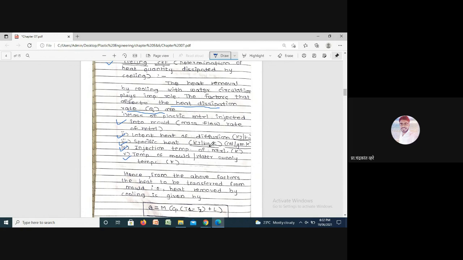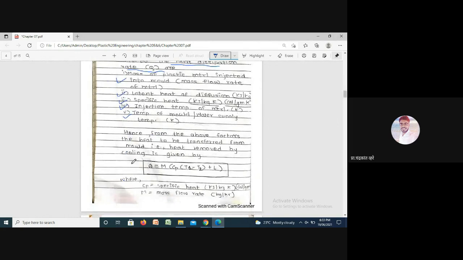To improve the quality of the product, we need to heat the whole mold before injecting the plastic powder material. This is also very important.